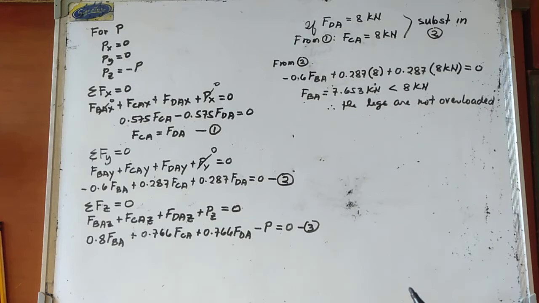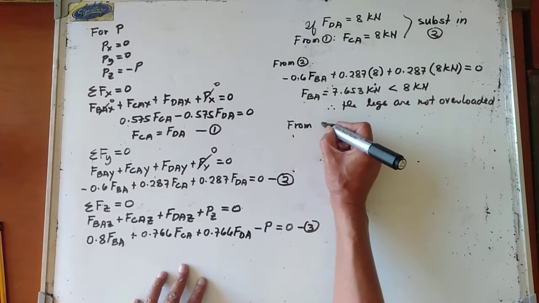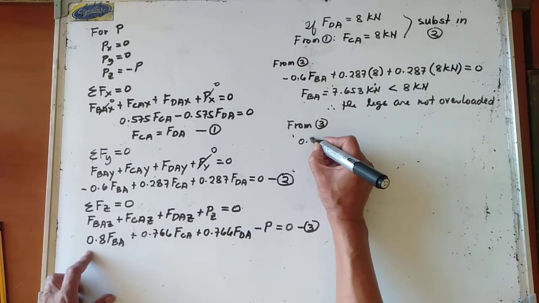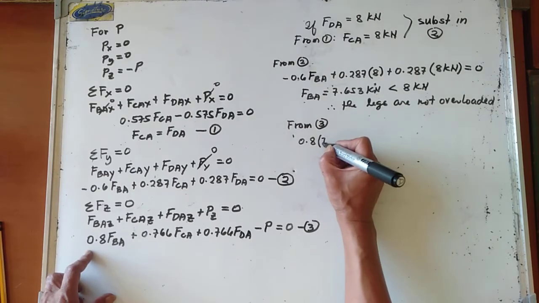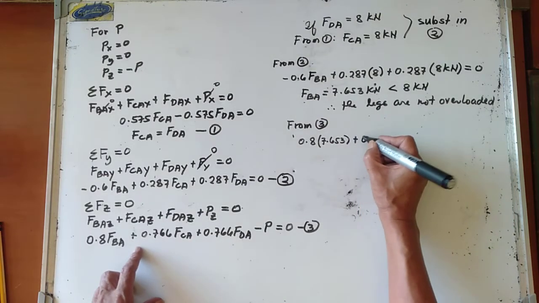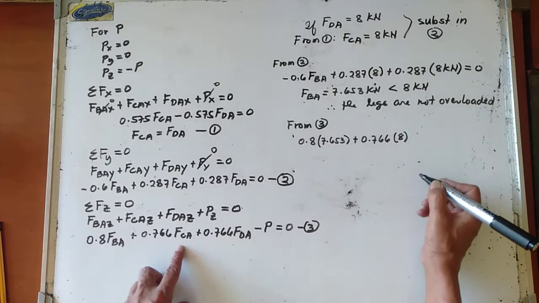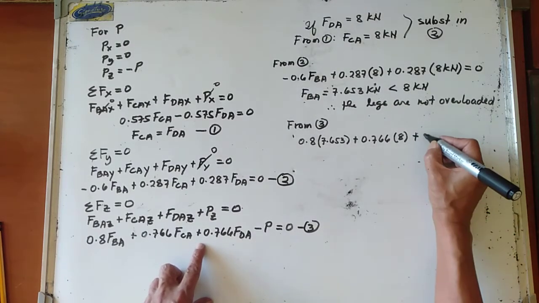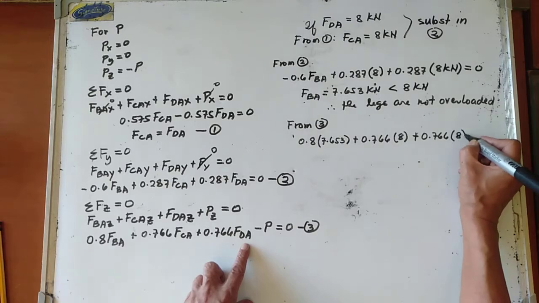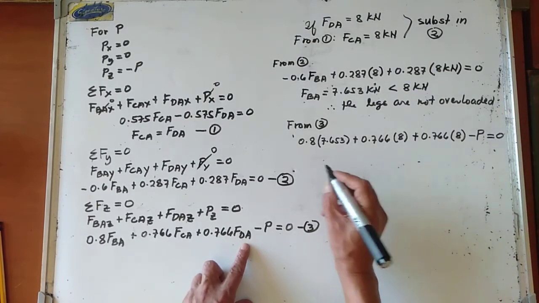Let us now solve the value of P. From equation 3, we have 0.8 FBA, FBA is 7.653, plus 0.766 FCA, FCA is 8 kilonewtons, plus 0.766 FDA, FDA is 8 kilonewtons, and then minus P is equal to 0.